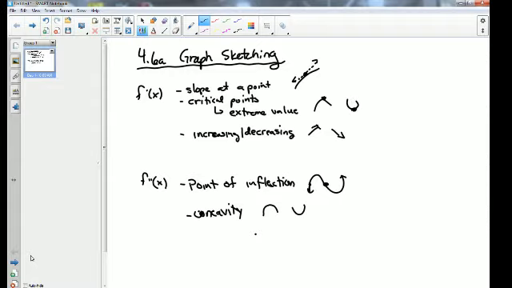So that's where our focus is going to be today and Tuesday, using that to sketch a graph.